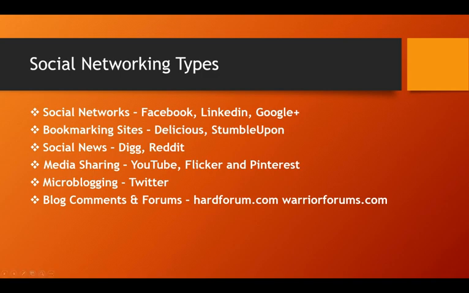Let me grab my highlighter tool here. It's essentially a combination of all of these. So when you look at Facebook, LinkedIn, and Google+, I say they're a combination of these, and that's because you can do all of these things on a social network.